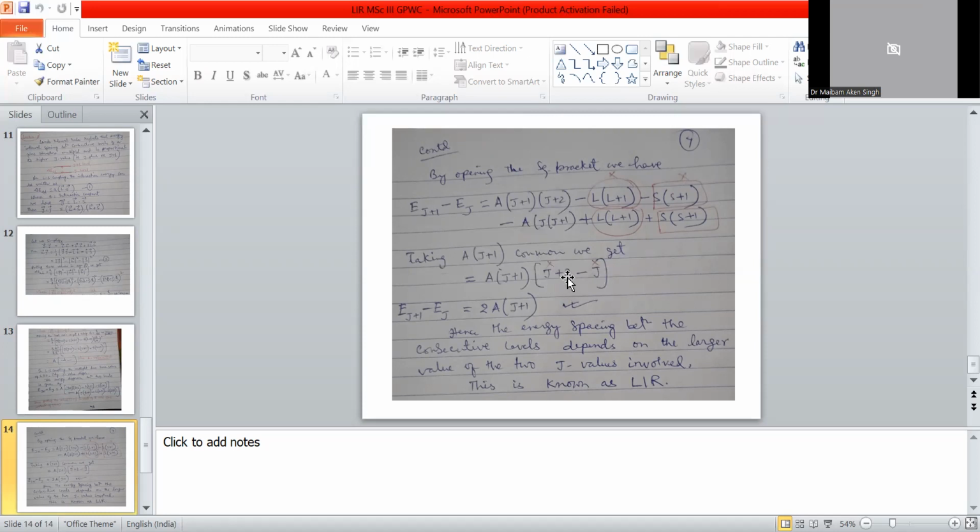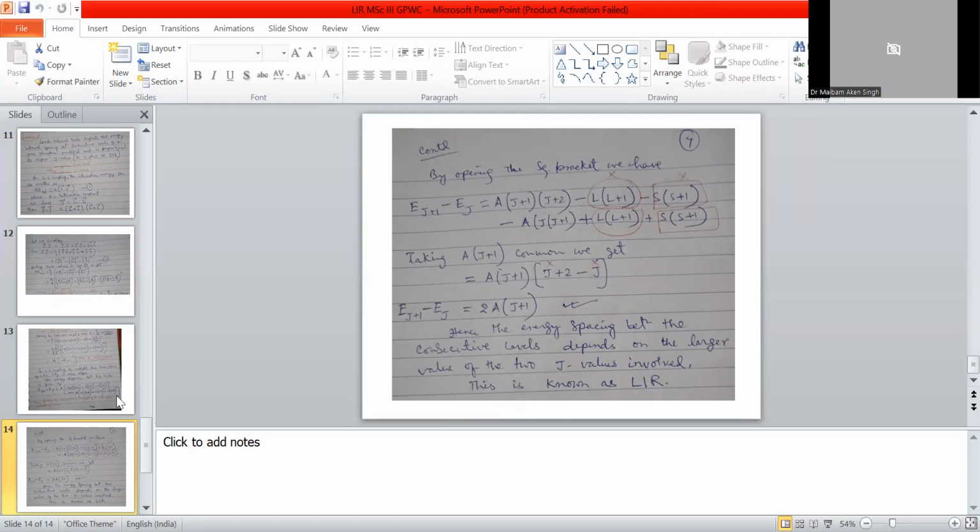So in multiplied form we can put 2 times A times J plus 1, which is the change in energy. Hence, the energy spacing between consecutive levels depends on the larger value of J involved, because J plus 1 is higher than J.